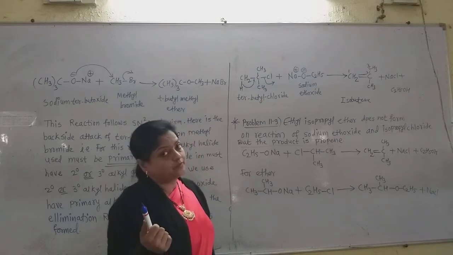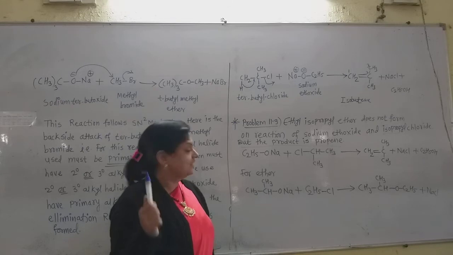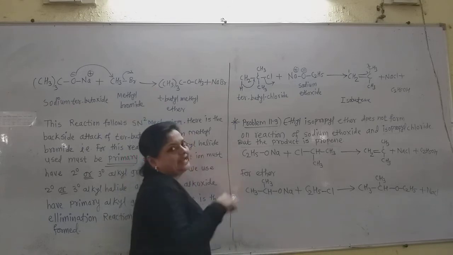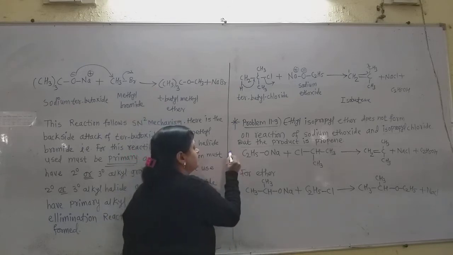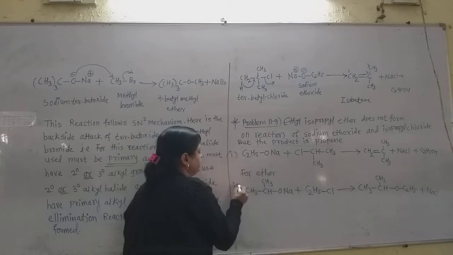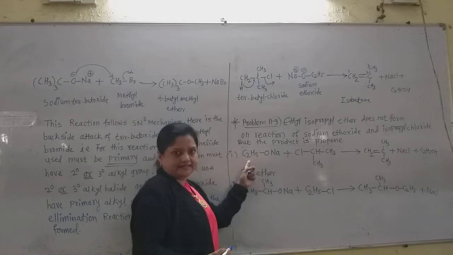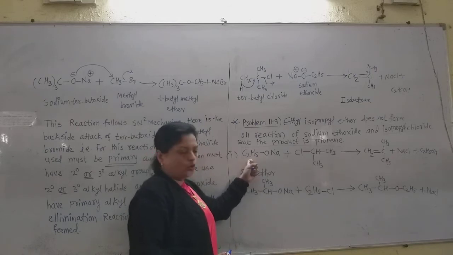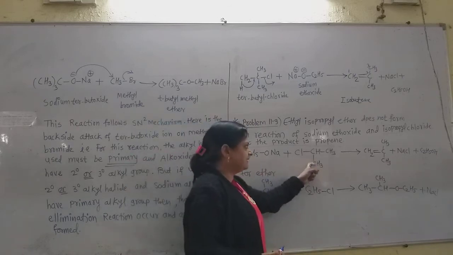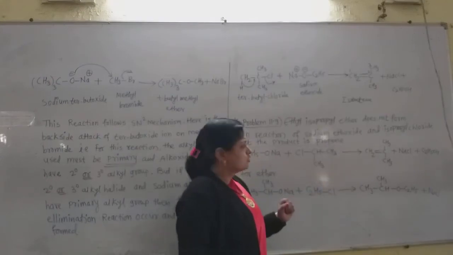Then there is formation of the ether. Now see both these reactions. In the first reaction, the sodium alkoxide contains a primary alkyl group, and the alkyl halide contains a secondary alkyl group.